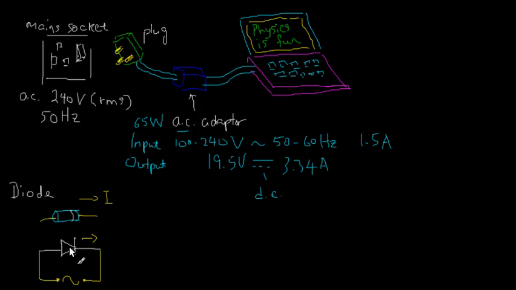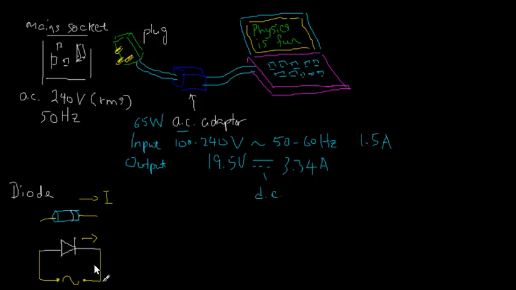Alright, so that's what happens. You know what AC does, right? It keeps changing direction. So current flows one way and then the other way, and then one way and then the other way. But if you connect a diode in a circuit, then current can flow one way, but when you try to flow the other way, it's stuck. Then there's no current. And when the voltage goes this way again, there'll be current.